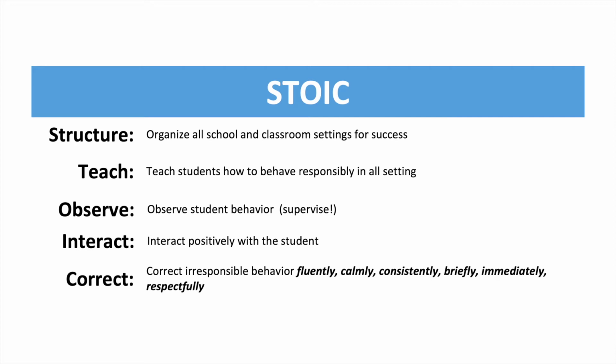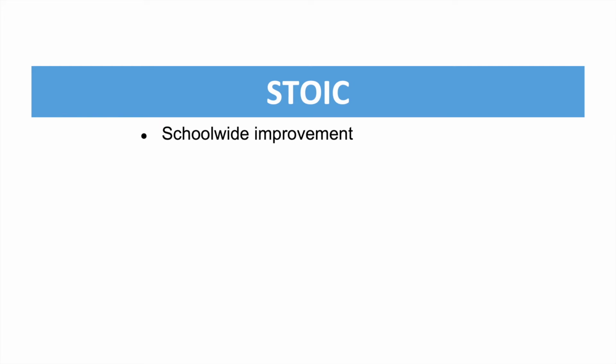Thinking about the 2 initial definitions of stoic, emotions tend to erode our delivery of STOIC variables, because we know most staff know the concepts, but they're not necessarily doing these things. We can look at the STOIC framework for school-wide improvement, classroom management, and interventions for one student.